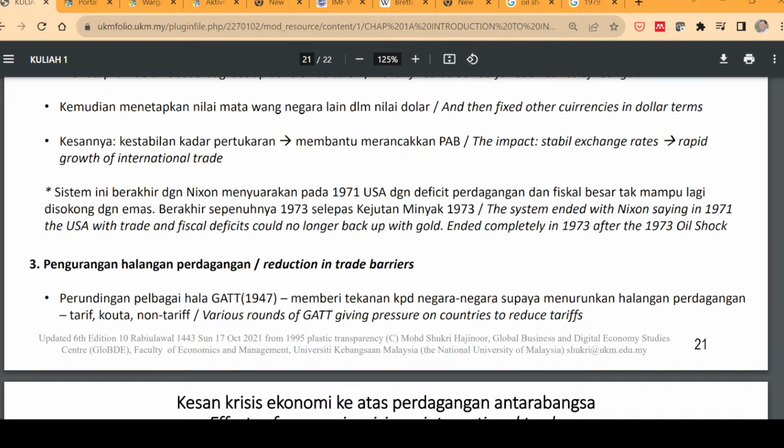ITO was proposed but did not materialize, did not happen, because the Congress in the United States did not ratify, did not want to sign it. So ITO never happened. As a result, GATT.